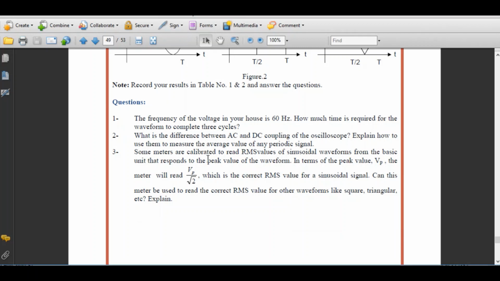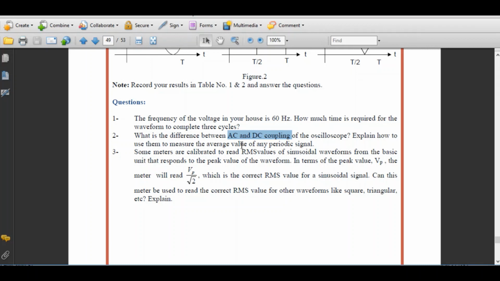One more thing is that there's AC and DC coupling. I talked about this in experiment number 7 as well. The difference, I will show you in Multisim. However, if the knob is on AC, then it will not allow any DC offset.